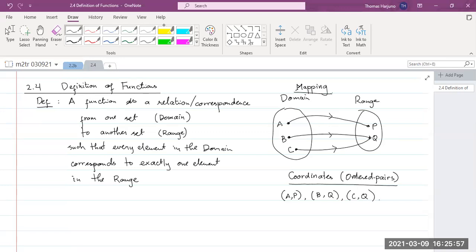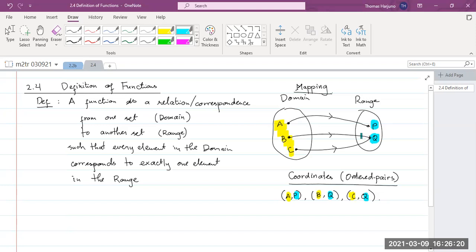The first component of that coordinate is from the domain. The second component of that coordinate is what the first component corresponds to in the range.